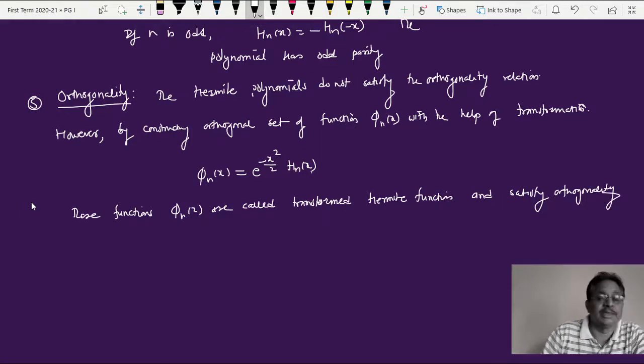That is, the condition given here is the integral from minus infinity to plus infinity of phi m of x into phi n of x into dx is equal to 0 when n and m are not the same.